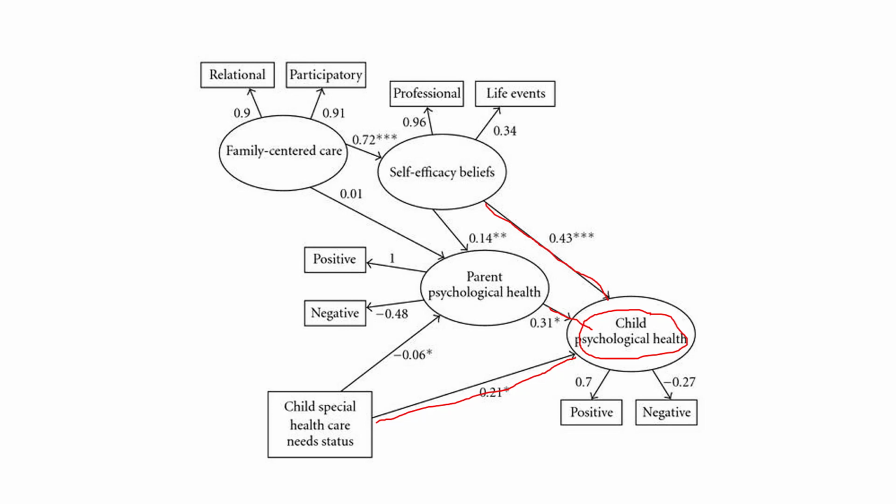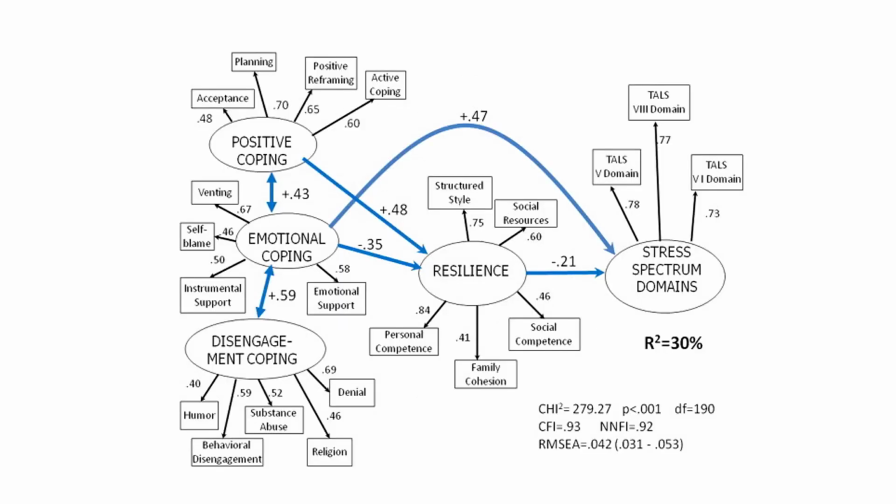Let me just erase this, where self-efficacy beliefs directly affect child psychological health, but indirectly affect it as well through parent psychological health. So we can create these more complicated models that are probably more realistic in the real world, versus regression, where we might have a bunch of things predicting one outcome variable.